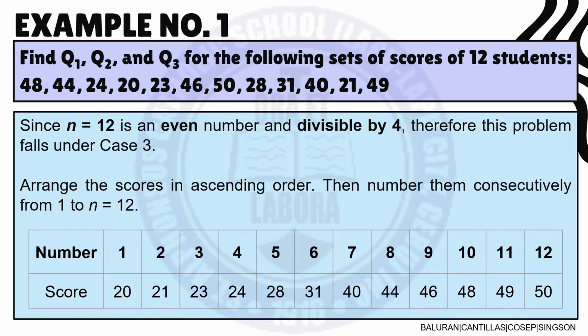So we have 1, 2, 3, 4, 5, 6 until 12 since we have a total of 12 students. As you have noticed, the scores begin with 20, 21, 23, 24, 28, 31, 40, 44, 46, 48, 49, and 50. So this is now arranged from smallest to highest.